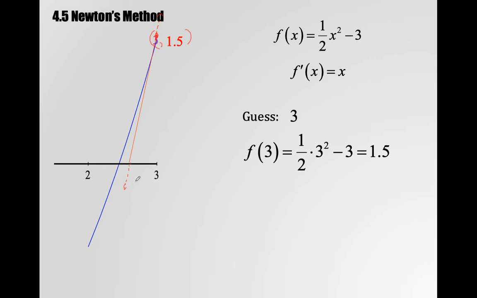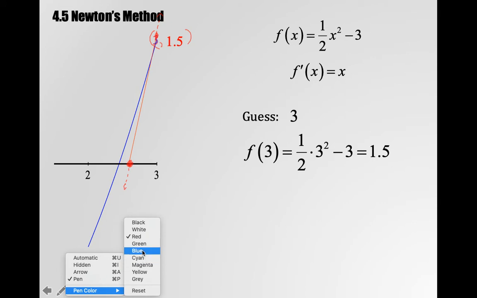I stopped the tangent line at the x-axis, and I want you to look at the tangent line's x-intercept. How long have you been finding x-intercepts of lines, right? A line only has one x-intercept. And I want you to notice the position of this x-intercept relative to the actual x-intercept I want.